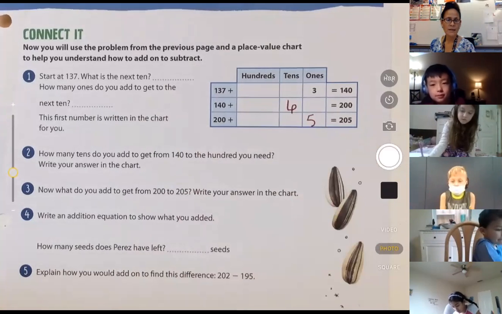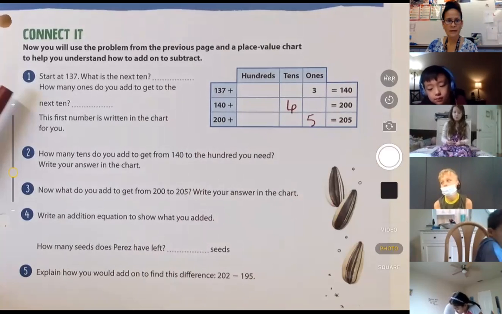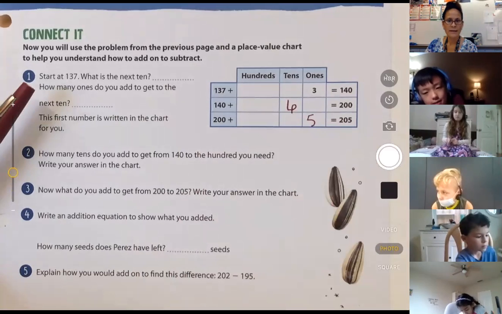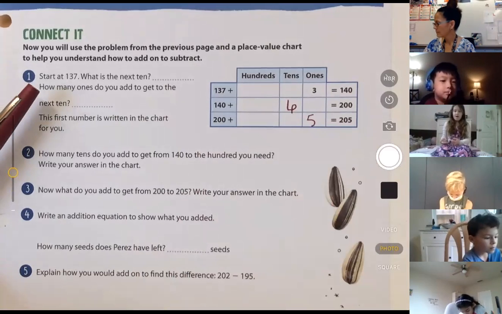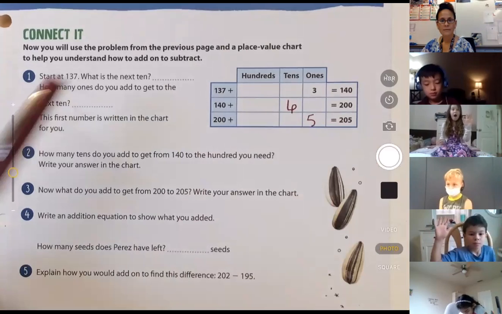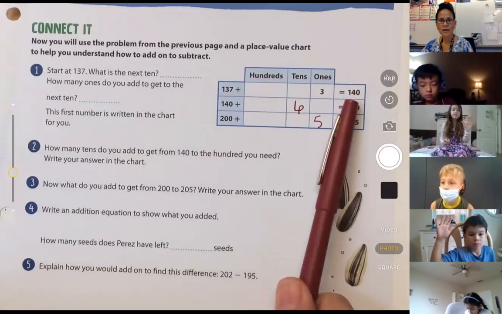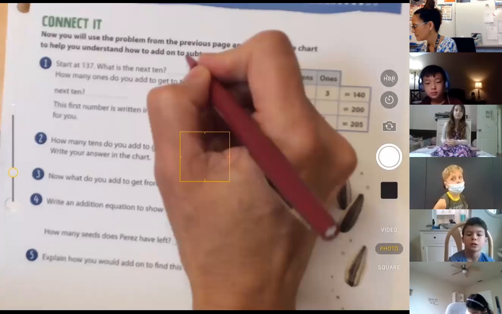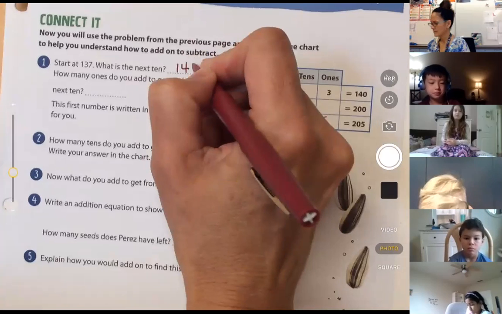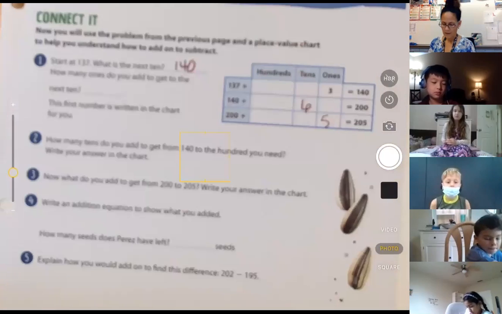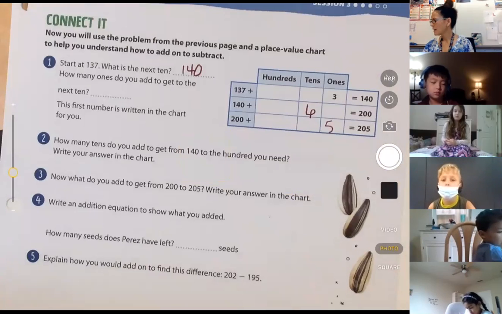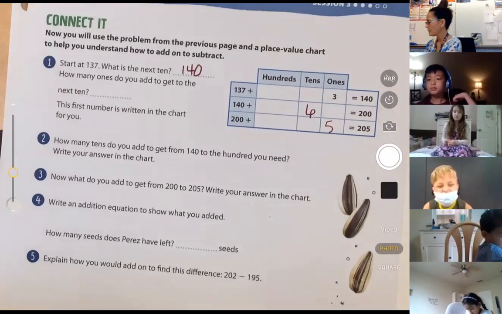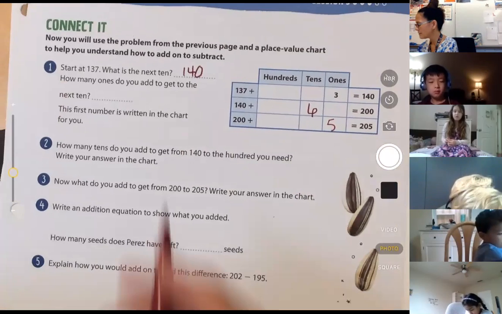So in taking a look at the questions that are being asked, if you start at 137, what is the next 10? We're looking at 140. It's asking how many ones do you add to get to that next 10? You're simply adding 3.